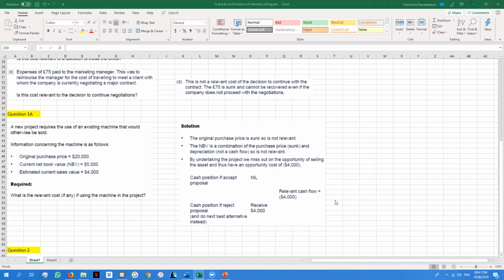If you leave it there, you will earn the $500. The $500 is relevant, therefore. But because it relates to the best alternative foregone, it will be described as an opportunity cost. But you see, it still has the qualities of relevance. It's simply because of that type of situation, alternative foregone, where you've given up something, that it is considered to be an opportunity cost, just like this here.